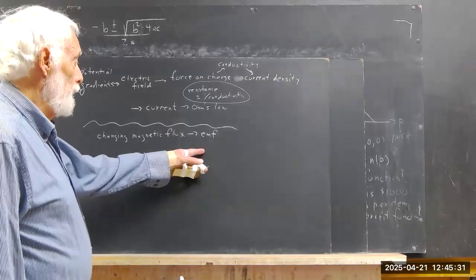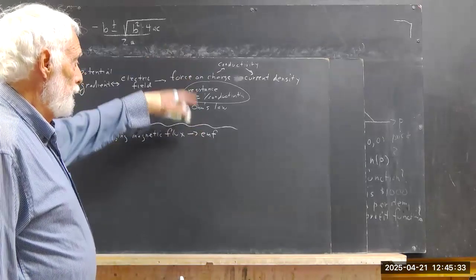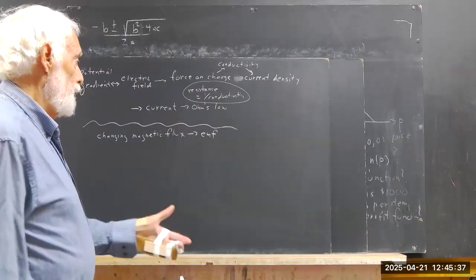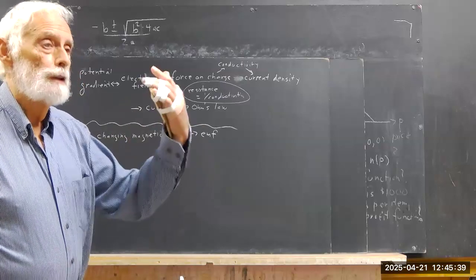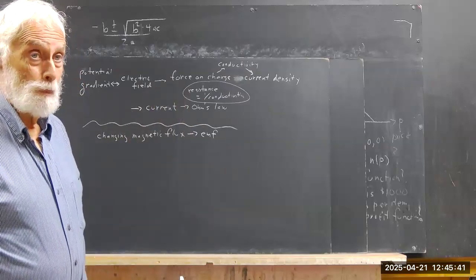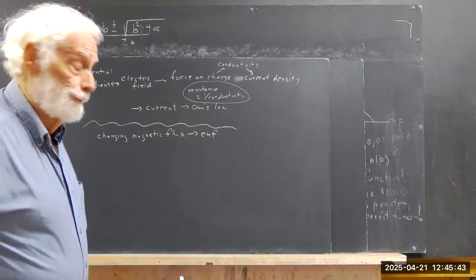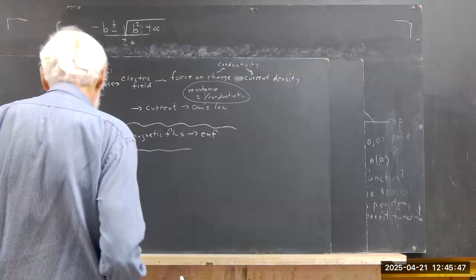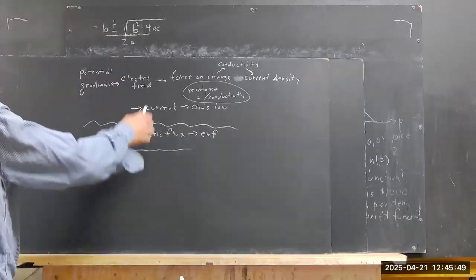And if we know the conductivity or resistance of a circuit and the EMF, we can figure out what the current is. Okay. So we jump from that.